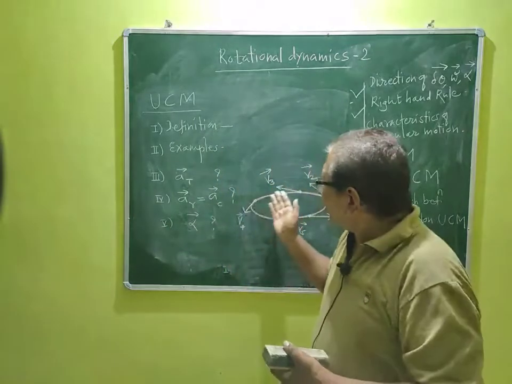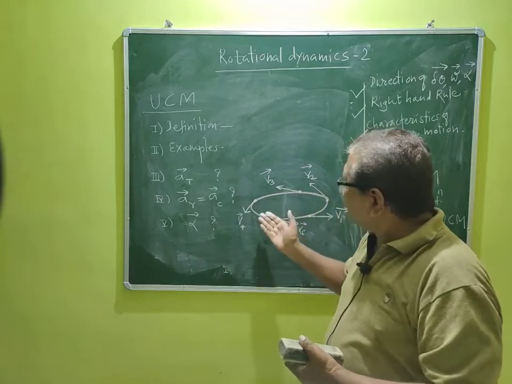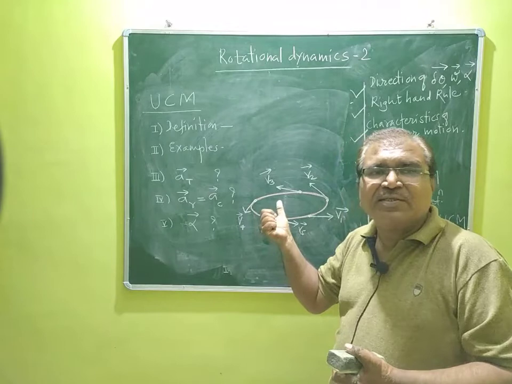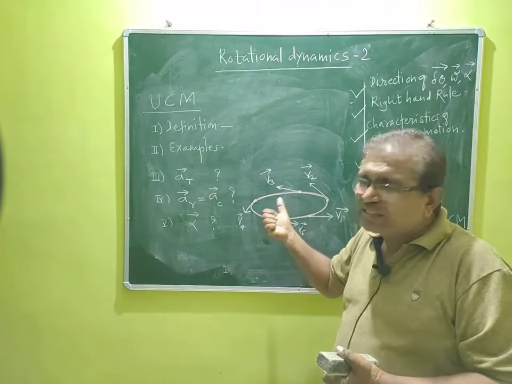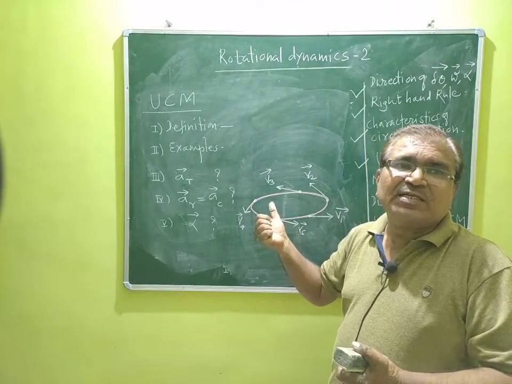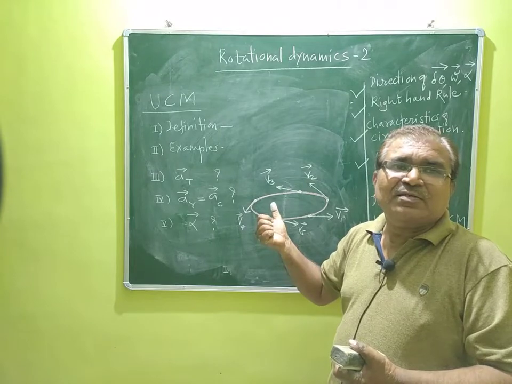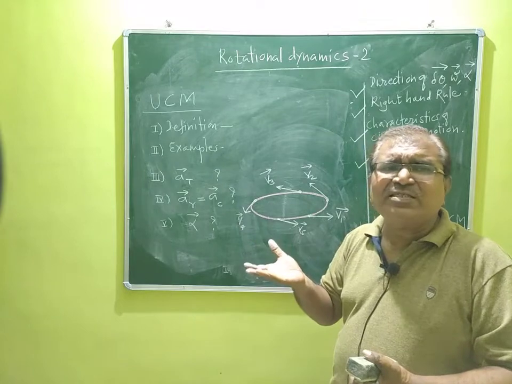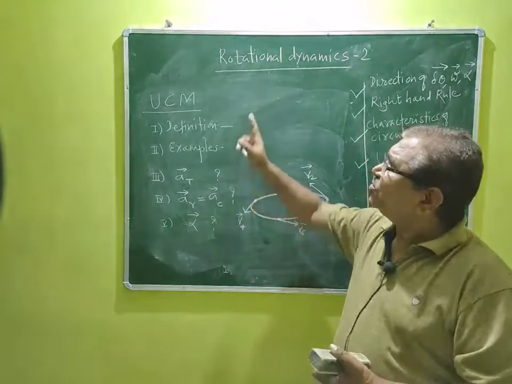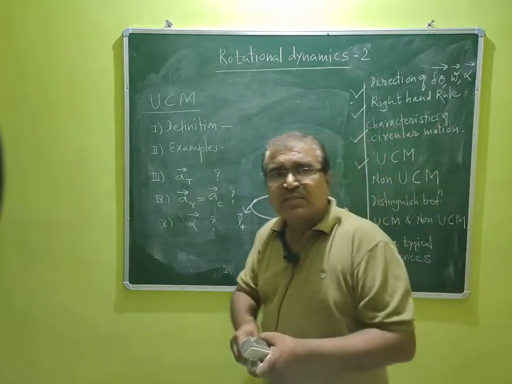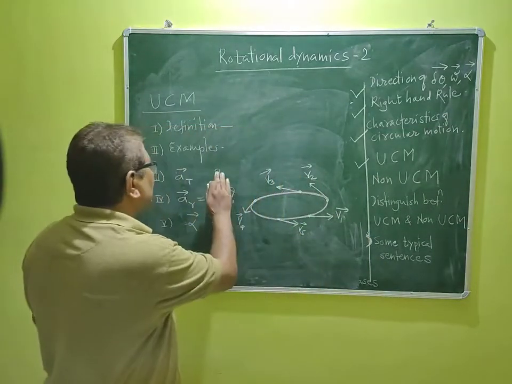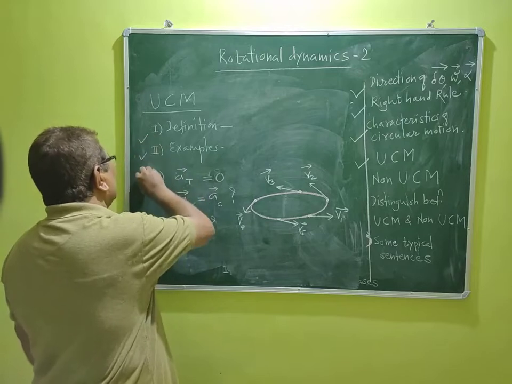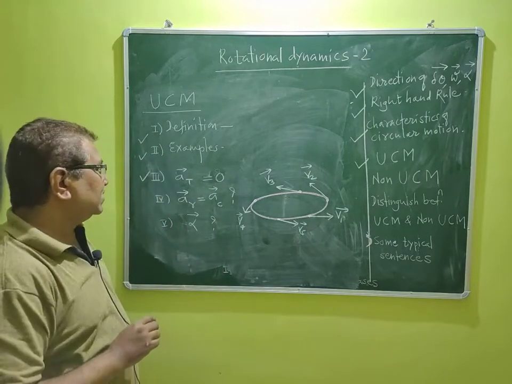Here, magnitude of the linear velocity at every position does not change. It remains constant. Angular speed remains constant. So if magnitude remains constant, then there is no tangential acceleration. So in uniform circular motion, tangential acceleration is zero. We have completed three points, dear guys.